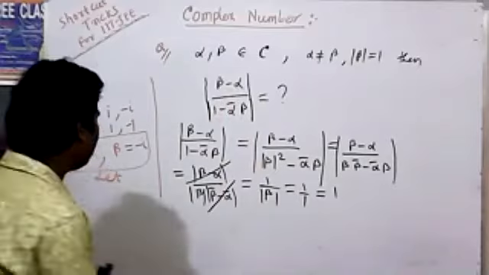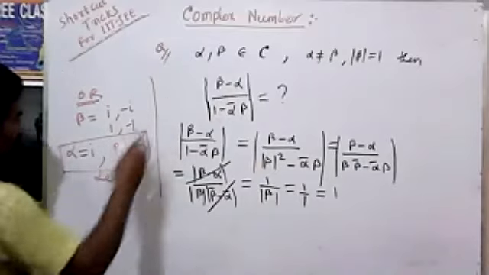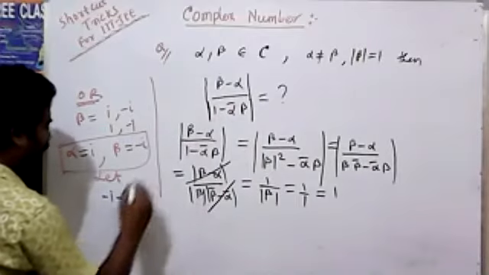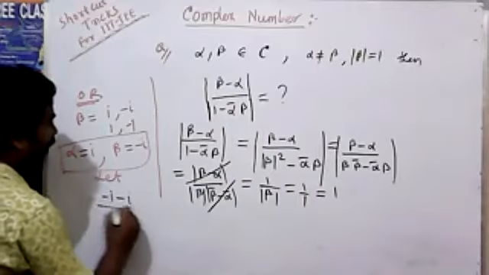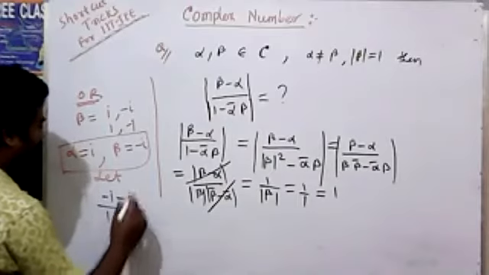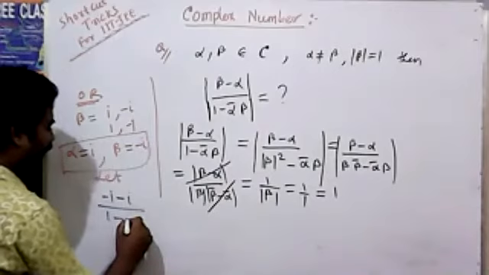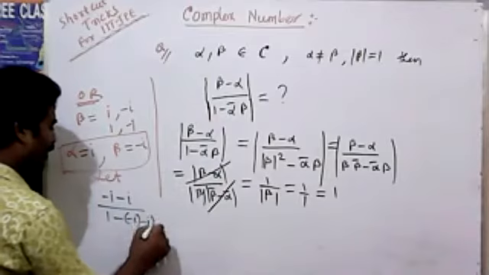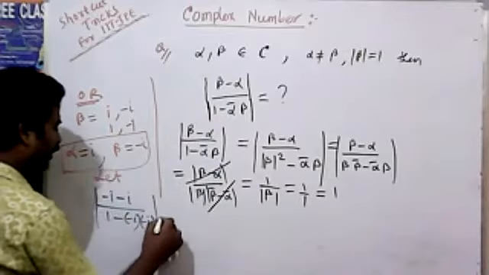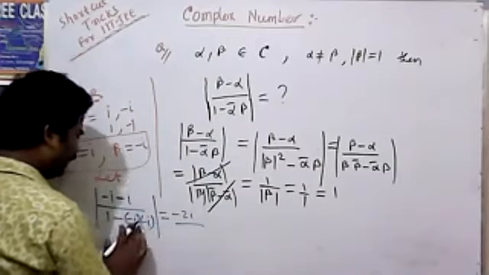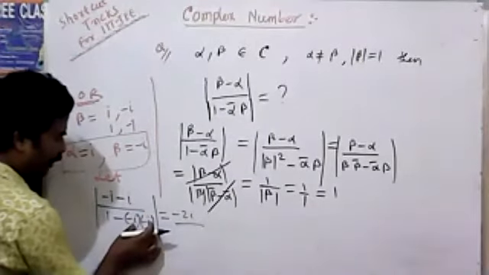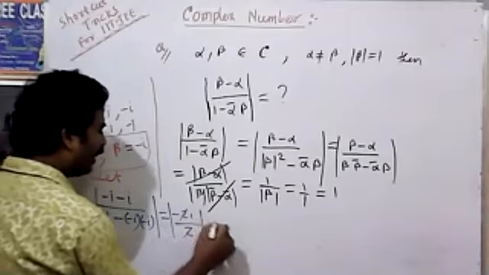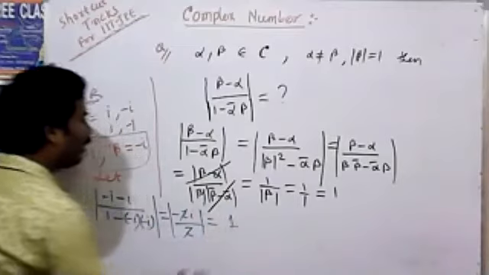Here beta is equal to minus i and alpha is i, divided by 1 minus beta alpha, that is equal to minus i. After taking the modulus of both, minus 2i by, i squared minus minus plus, that is 2, the conjugate of 2 cancels, and the modulus of i is equal to 1.